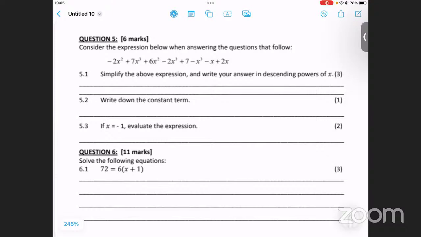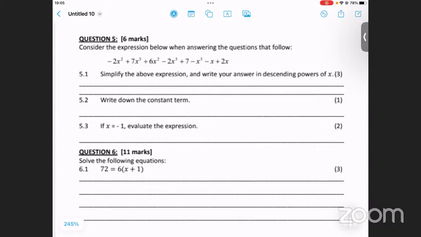Okay, Nyaki, how are we going to simplify this? Ma'am, I think we start by grouping the like terms first so that we can simplify it.